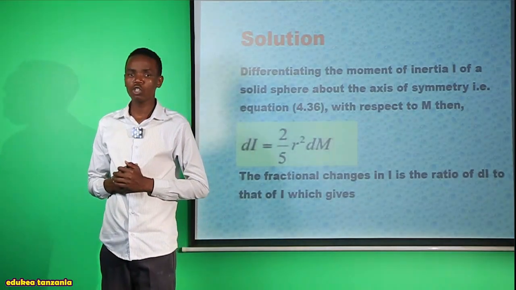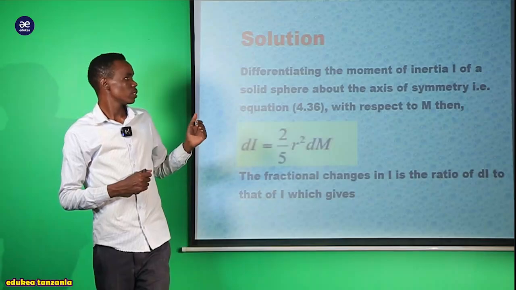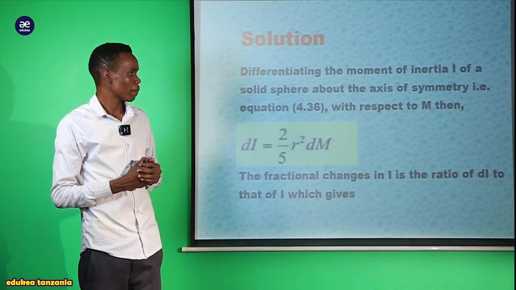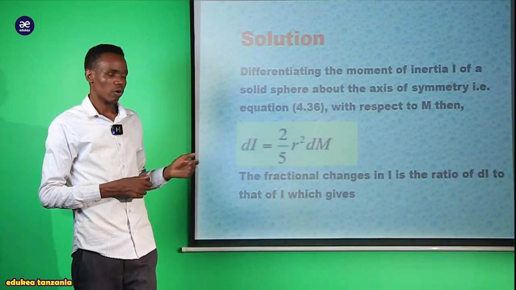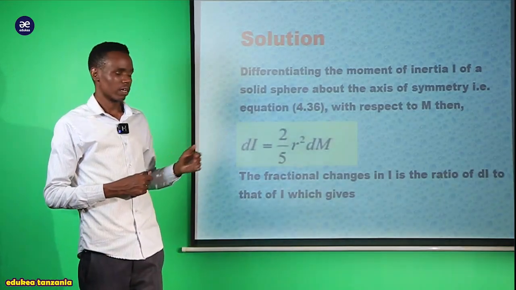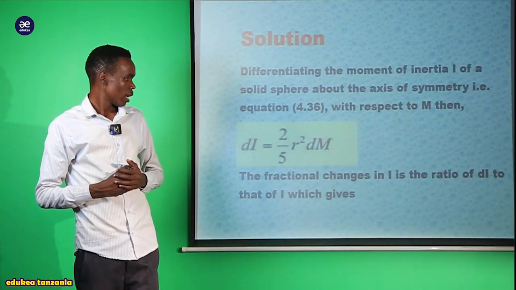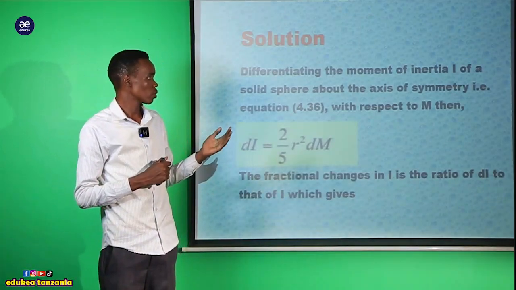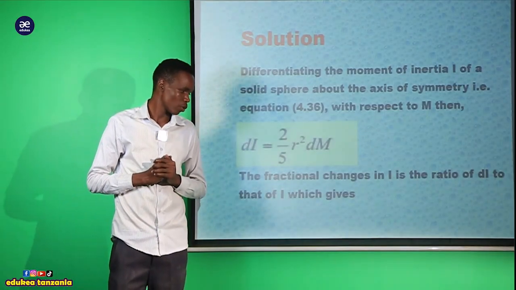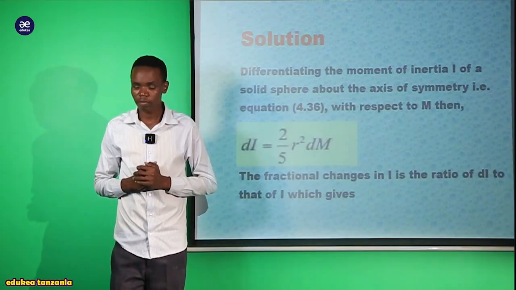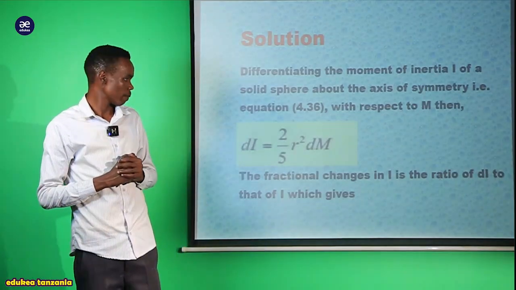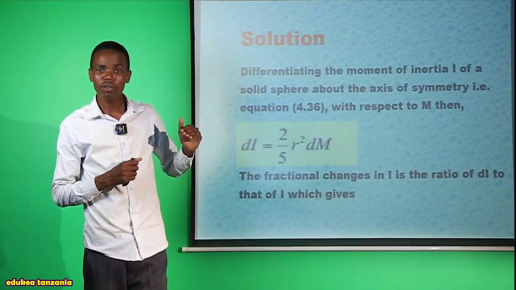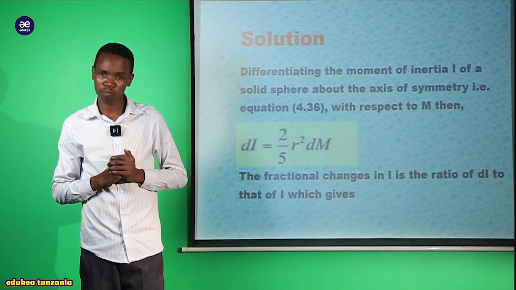What we are going to do here is to differentiate the moment of inertia I of the solid sphere about the axis of symmetry. Now consider our equation number 4.36. We are going to apply differentiation to the moment of inertia, with respect to mass m.